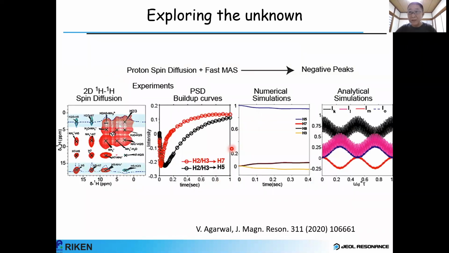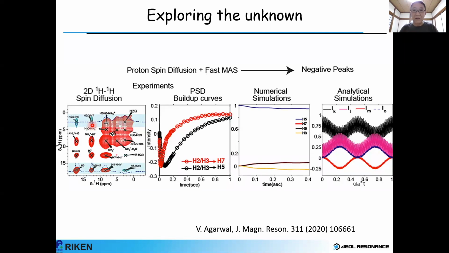And there are a lot of unknowns. This is one example published from BPIN this year. If we simply measure a proton single quantum correlation spectrum, we only expect positive signals if we have only dipolar transfer, but we observe some negative signals. It looks like the NOE in small molecule solution NMR, but this is something different.